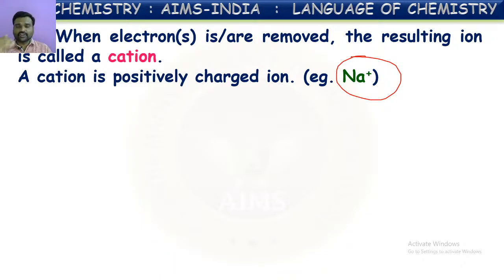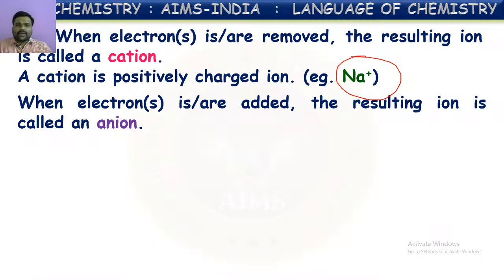When one electron is lost, the number of electrons is less than the number of positive charges in its nucleus, and hence it appears with a positive charge. These are called positive ions or cations. So ions formed by the removal of electrons from atoms are called cations, for example Na plus, formed by the loss of one electron from a sodium atom.